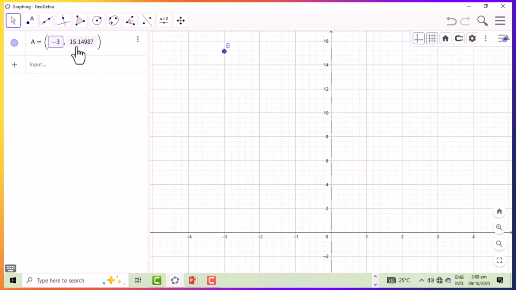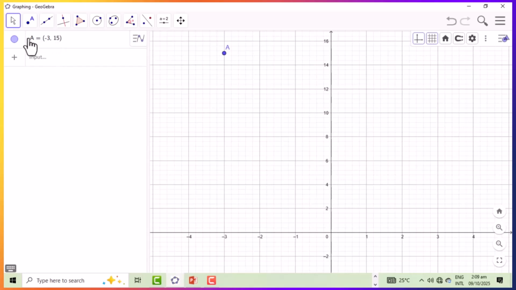Negative 3 here, 15 for y. So this is the point for the first x and y coordinate.